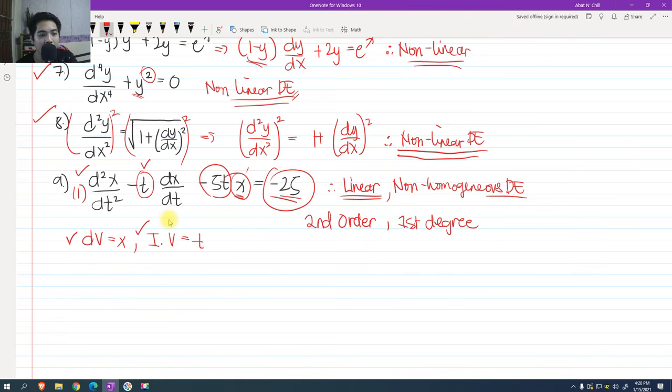So for your problem, here's your problem. Identify if it is linear or non-linear, and identify the dependent variable and independent variable. So I will leave you with this question.